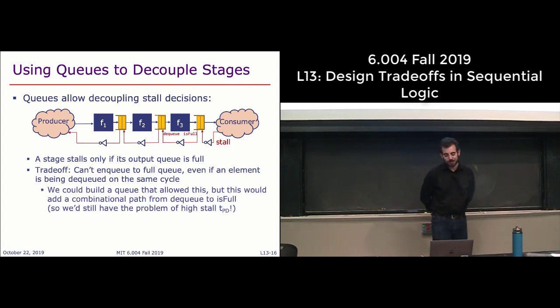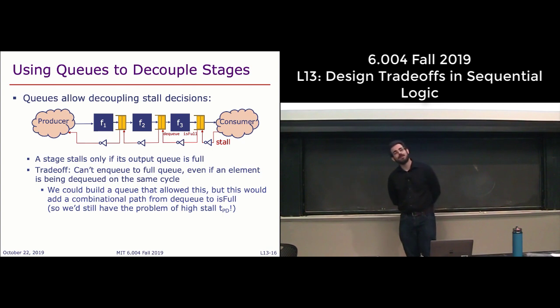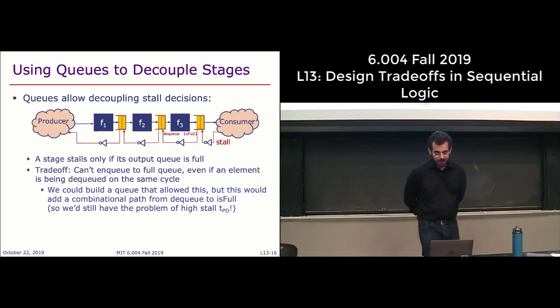And so that has to do with the way that we've built the FIFO to not have a combinational path between isFull and DQ, because if we had a combinational path between isFull and DQ, then we would be back again in the problem of having a very long chain of logic.